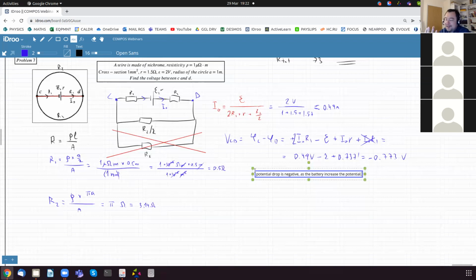But the current is flowing from C to D. And before, several times, I said the current goes from high potential to low potential. But here we see current is flowing from low potential to high potential. So how does that make sense? Can somebody tell me?